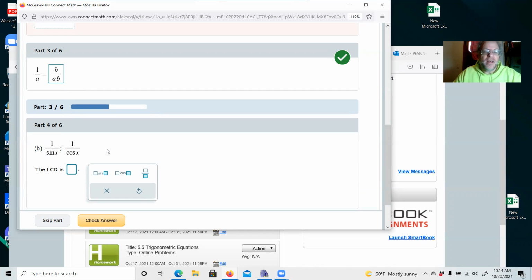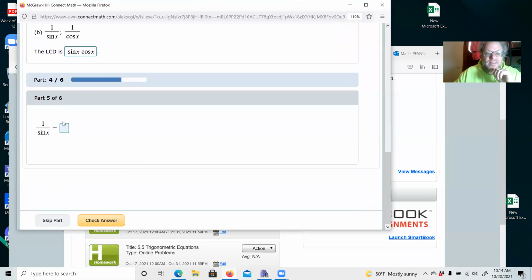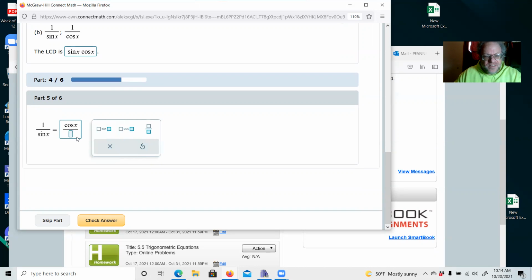So the LCD here is going to be sine x cosine x. They don't like it if I type it that way. And then 1 over sine x equals, so you're not going to fool me again, this is going to be a fraction, cosine x over sine x cosine x.